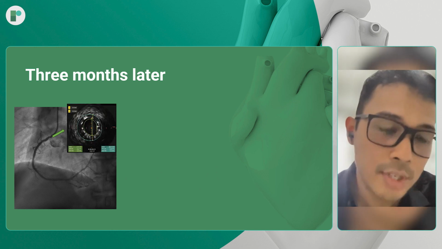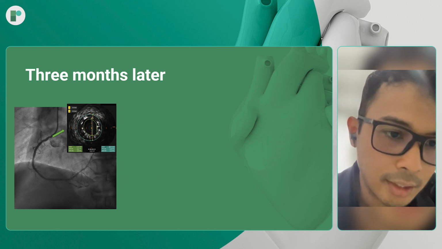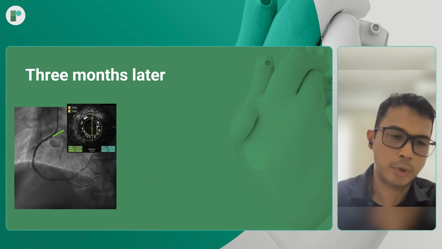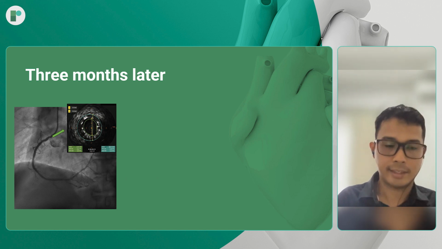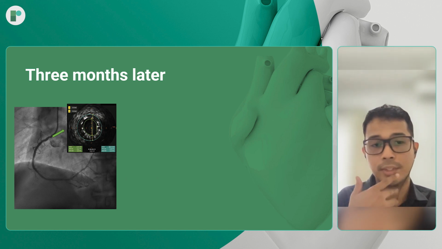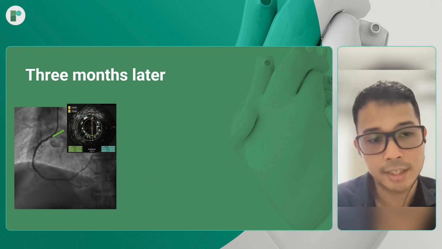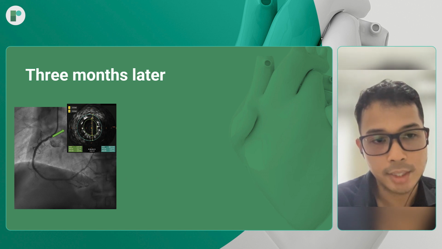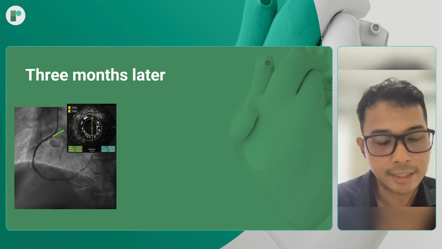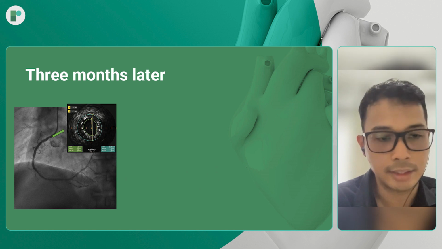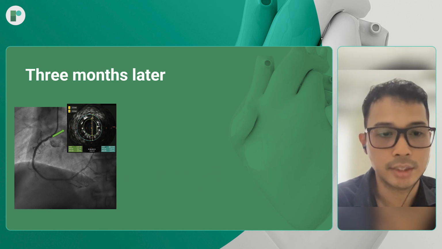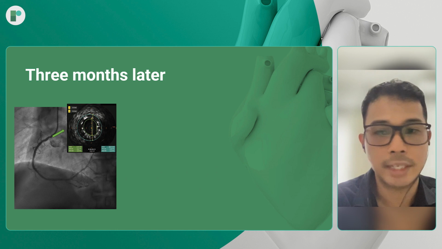Based on the IVUS, the ostial showed the MSA is around 6.9 millimeter square, and because we already understood that there was a protruding stent on the aorto-ostial, we put the catheter and the wire and the devices through the side of the stent that is protruded.